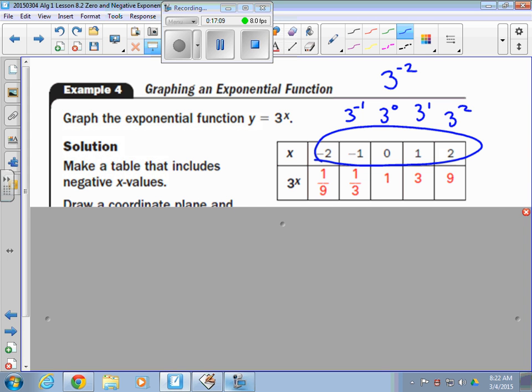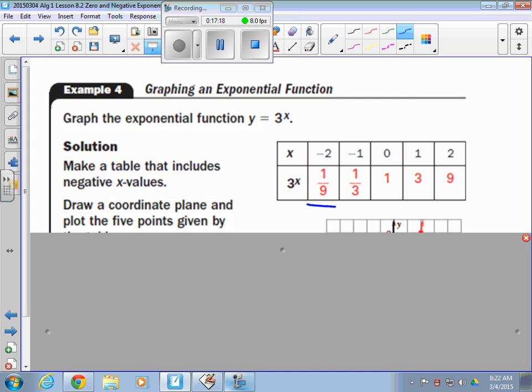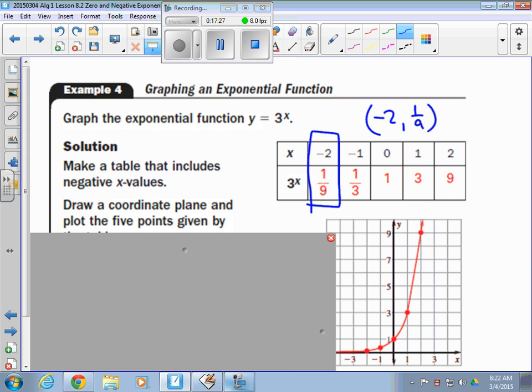Then you graph all of those as ordered pairs. The first ordered pair is negative 2, 1/9. So your x value is negative 2. Your y value is 1/9.